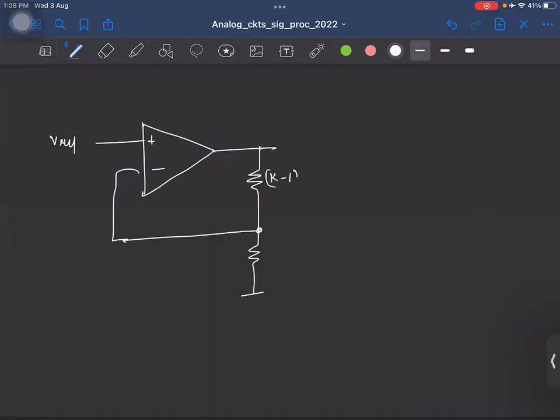So this is K minus 1 R and R. Here, okay. And here is where I'll connect the circuit that needs to be powered, right? And I'll model that by saying that it is drawing a current I load. Okay, this I load is the current that is drawn by the circuit that you are connecting.